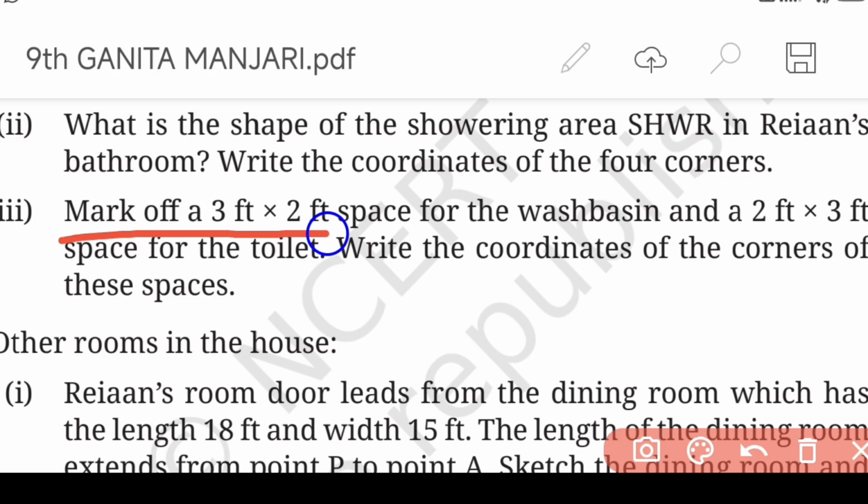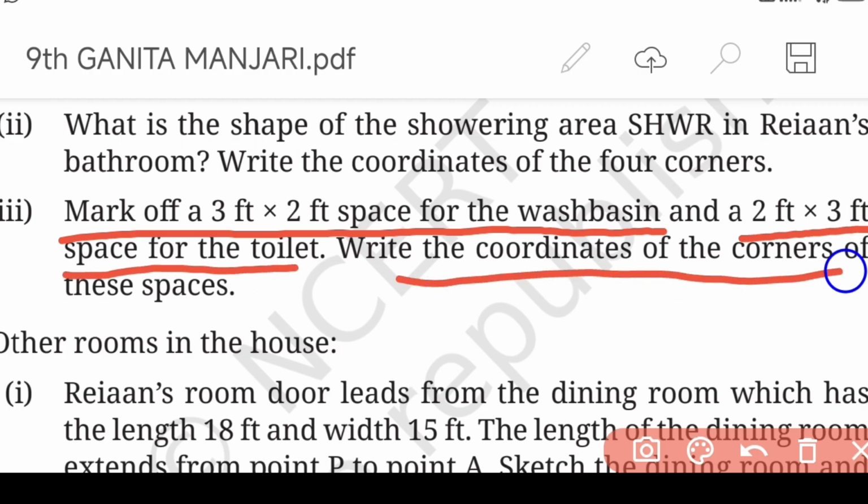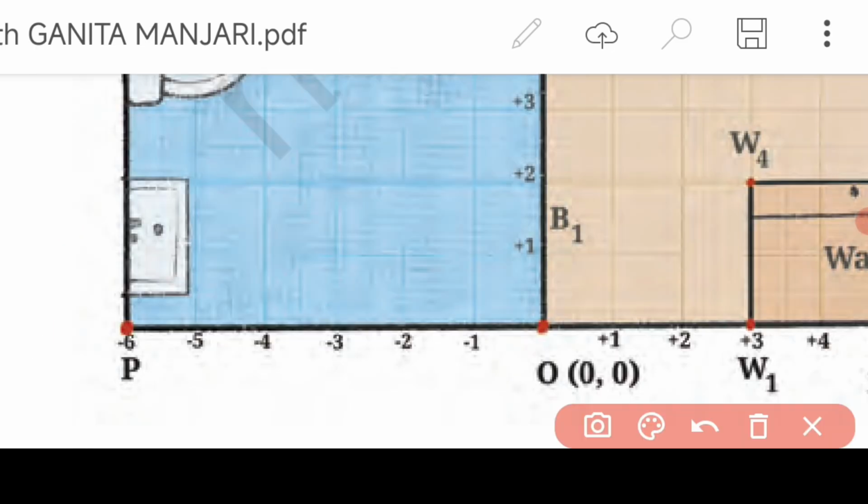Mark a 3 feet into 2 feet space for wash basin and 2 feet into 3 feet space for toilet. Write the coordinates of the corners of these spaces. Here he told the area is 3 feet into 2 feet. So here 3 feet is horizontal. That means from P point, let us take 3 feet. So 1, 2, 3.